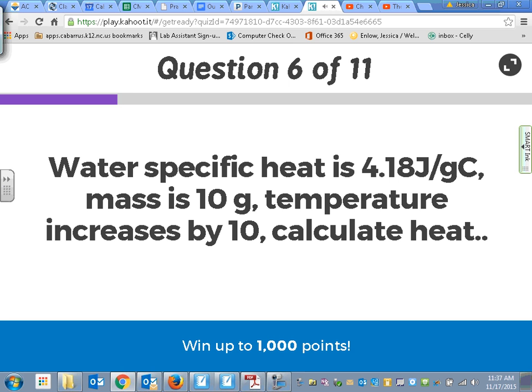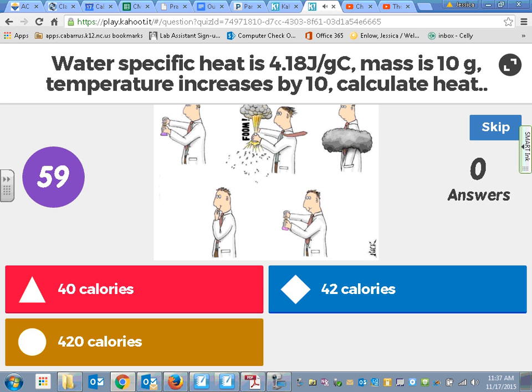Water specific heat is 4.18 joules per gram degree C. Mass is 10 grams. Temperature increases by 10 degrees. Calculate the heat.